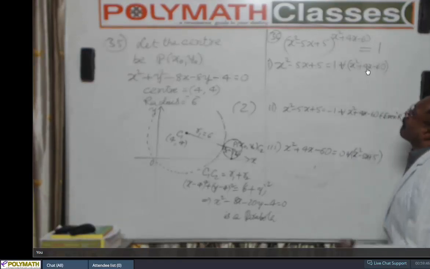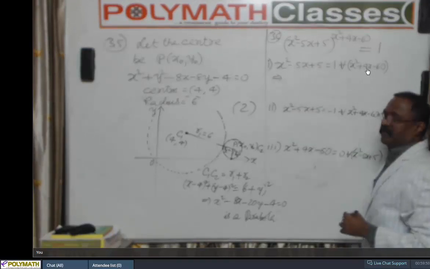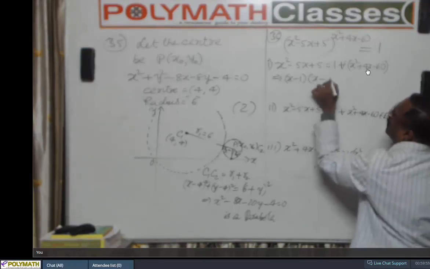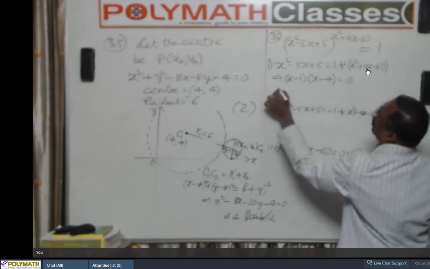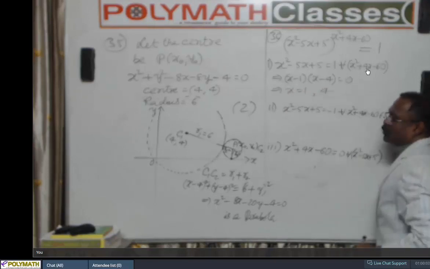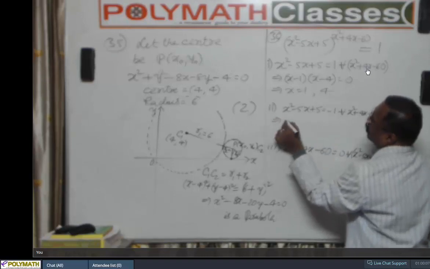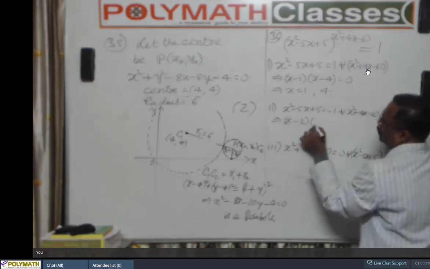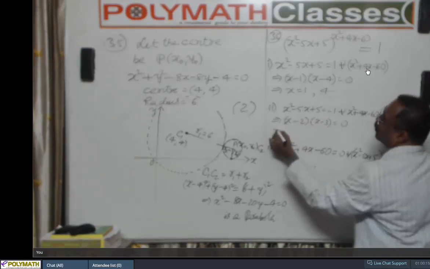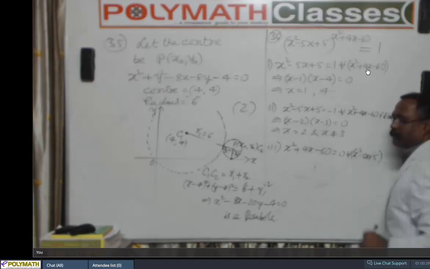So here, if you solve this, the equation is x squared minus 5x plus 4, so it will be (x minus 1)(x minus 4) equal to 0, which implies x equal to 1 or x equal to 4. Two solutions here. Coming to this, it is plus 6 here, so the roots will be (x minus 2)(x minus 3) equal to 0, and thereby you get x equal to 2, and x is not equal to 3.